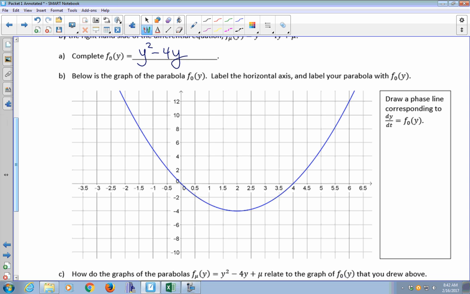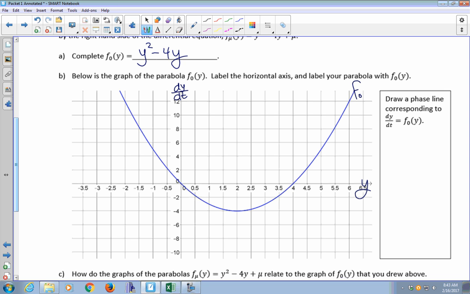Let's label the horizontal axis: this horizontal axis is y, and this vertical axis right now is dy/dt. This particular parabola is f sub 0, the member of the family when we make mu 0.